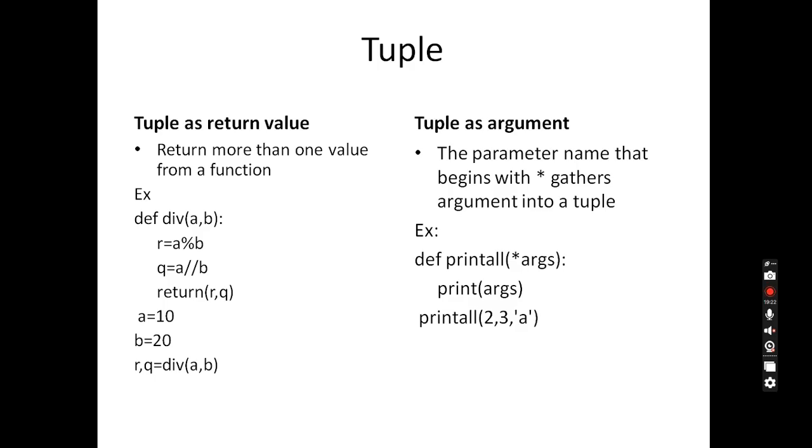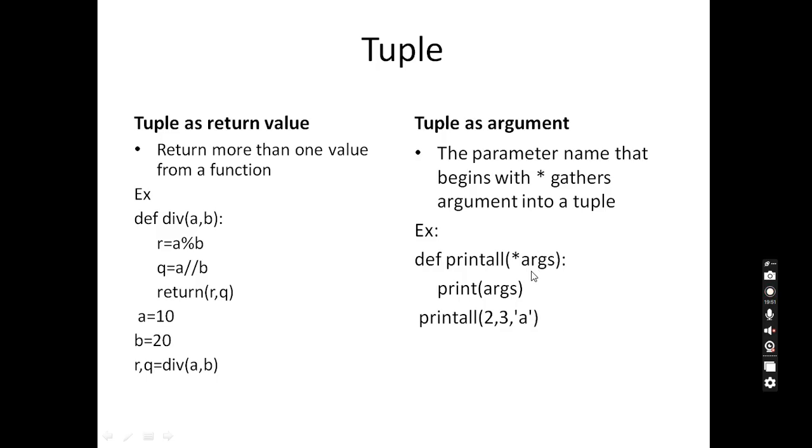For example, here I have a function called print_all. Here I can pass a tuple: 2, 3, and a is some string. I am just passing this argument. Here I am going to get only one argument. To get more than one value, I need to represent it with a star before the parameter, so that it will get more than one value.